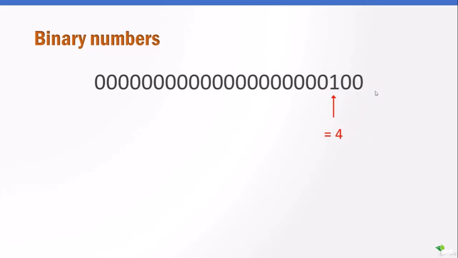The next one is 4. The next one is 8, 16, 32, 64, 128, 256, 512, etc. Hopefully you get the point. They double. When you move to the next digit, it's going to be 1024. So each one just doubles the previous value.